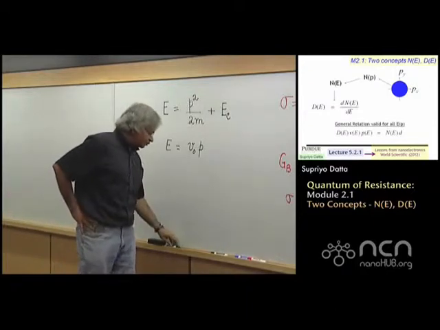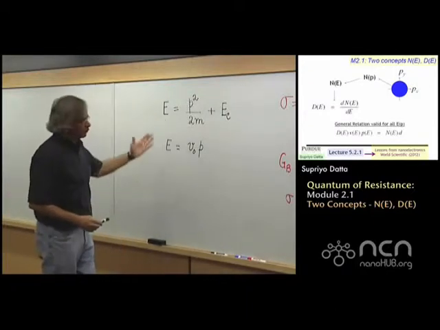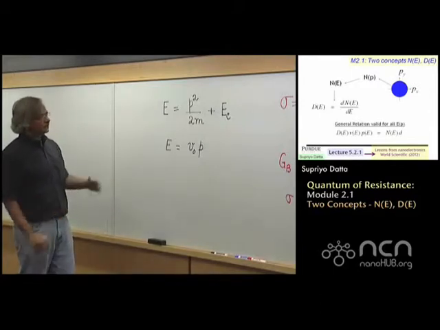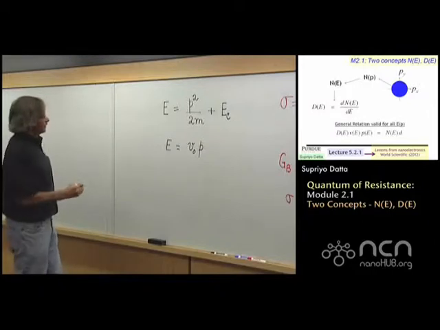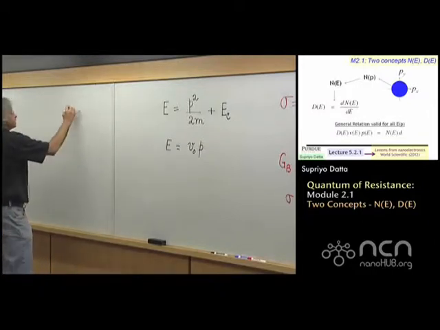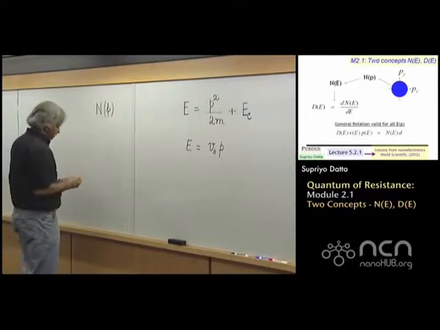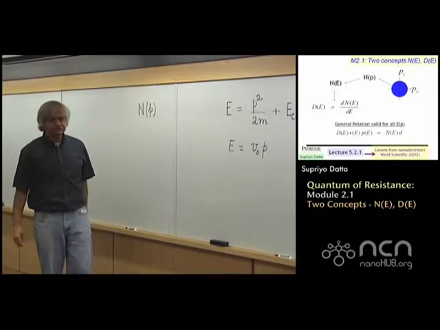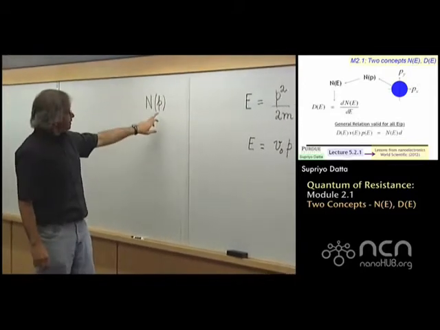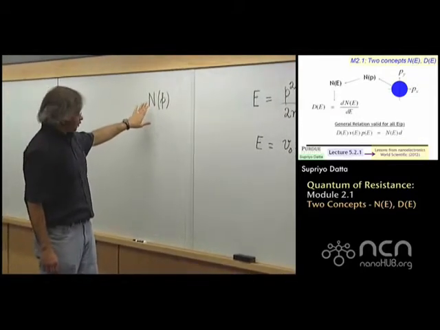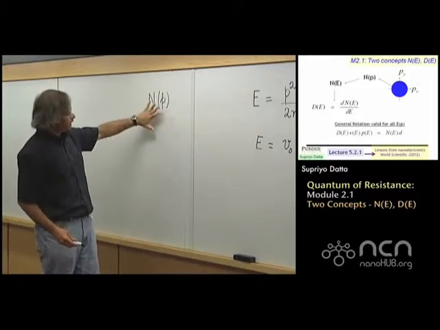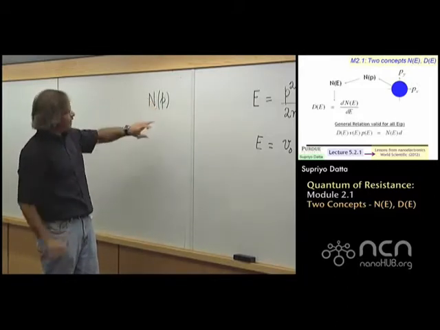Now, the way we'll do this is, we'll first define something that we'll call N of P.